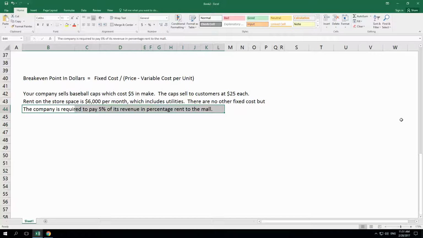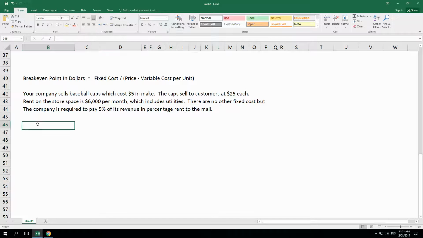So when you think of a problem like this, you want to break it down into variable and fixed costs. In the variable category, we have $5 per cap. If you sell one cap, you have $5 in variable costs.